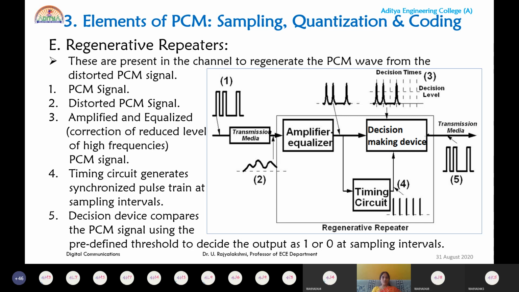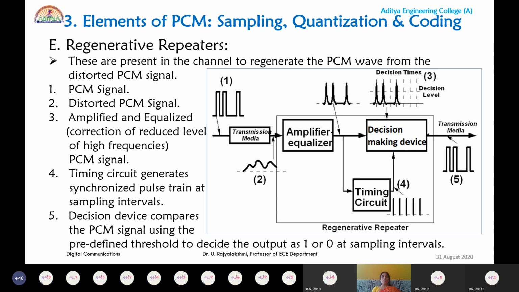What will this decision making device do? It compares the distorted PCM signal with the predefined threshold value. This predefined threshold value is provided by the transmitter section, to give a decision as 0 or 1. Whenever the distorted PCM magnitude is greater than the threshold, then the magnitude is taken as 1.